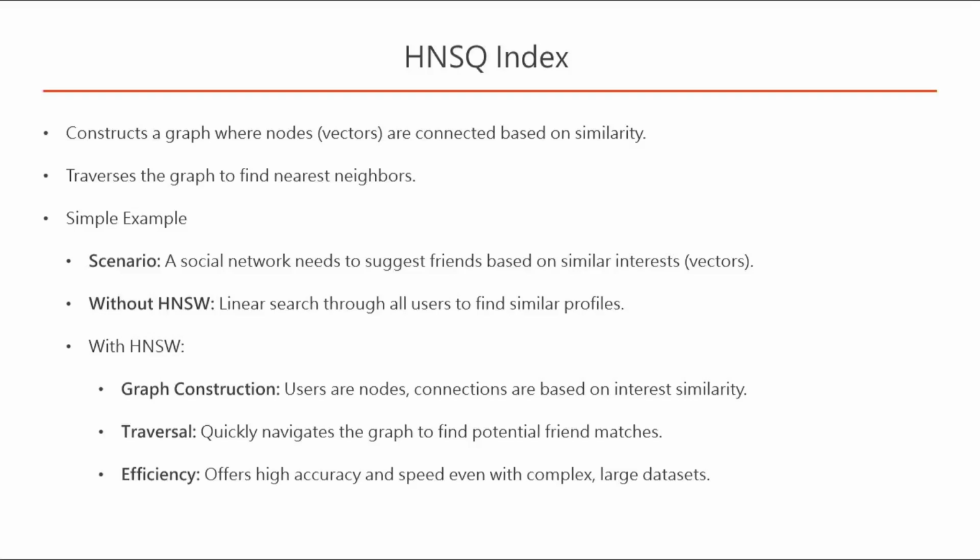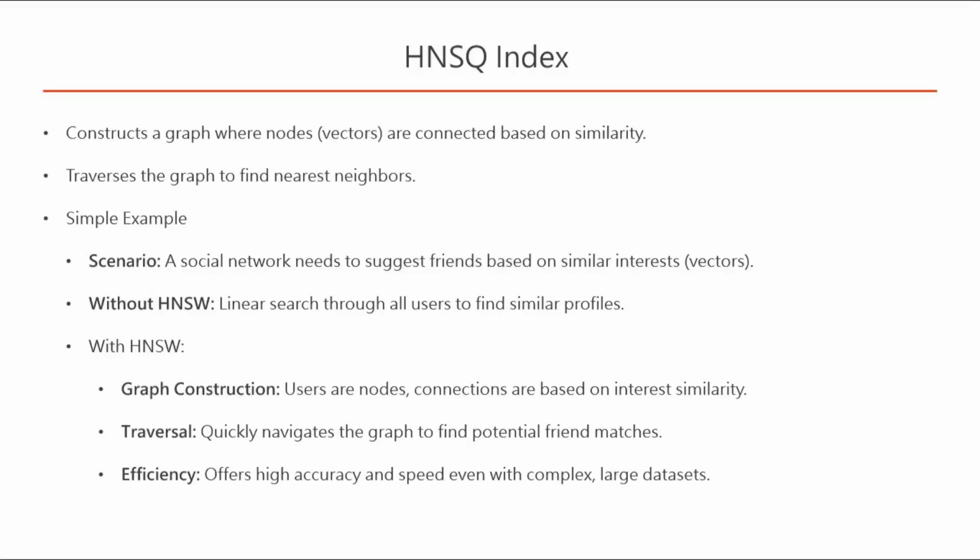Second is the HNSW index. The HNSW index is a constructed graph where nodes are connected based on similarity. It traverses the graph to find the nearest neighbors. A simple example: a social network needs to suggest friends based on similar interests, used as vector types. Without the HNSW index, you use a linear search through all users to find a matching profile.